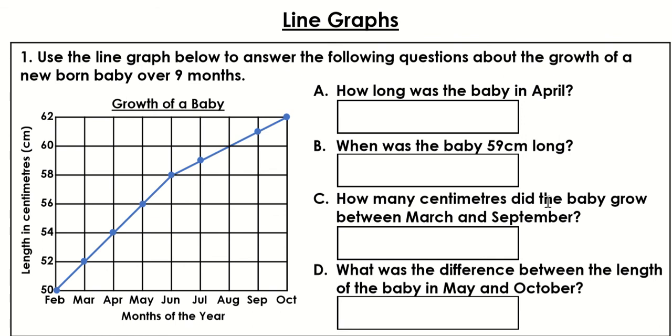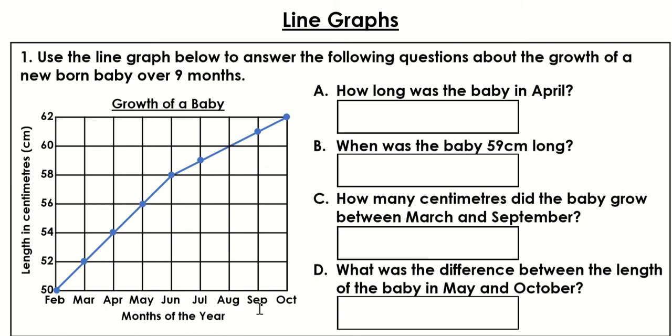C. How many centimetres did the baby grow between March and September? Right, so first of all we need to work out how long the baby was in March and how long the baby was in September. So I'm going to find March on my x-axis, so March is here, and I go up, I can see it's 52. The baby was 52 centimetres in March, and I will jot that down.